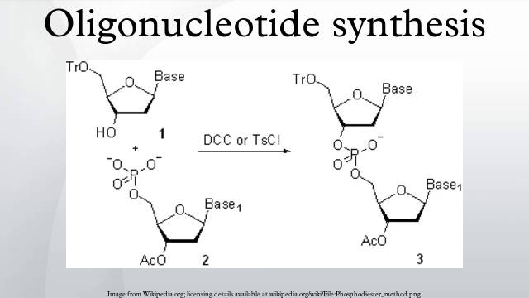Oxidation may be carried out under anhydrous conditions using tert-butyl hydroperoxide or, more efficiently, (1S)-(+)-(10-camphorsulfonyl)oxaziridine. The step of oxidation is substituted with a sulfurization step to obtain oligonucleotide phosphorothioates. In the latter case, the sulfurization step is best carried out prior to capping.